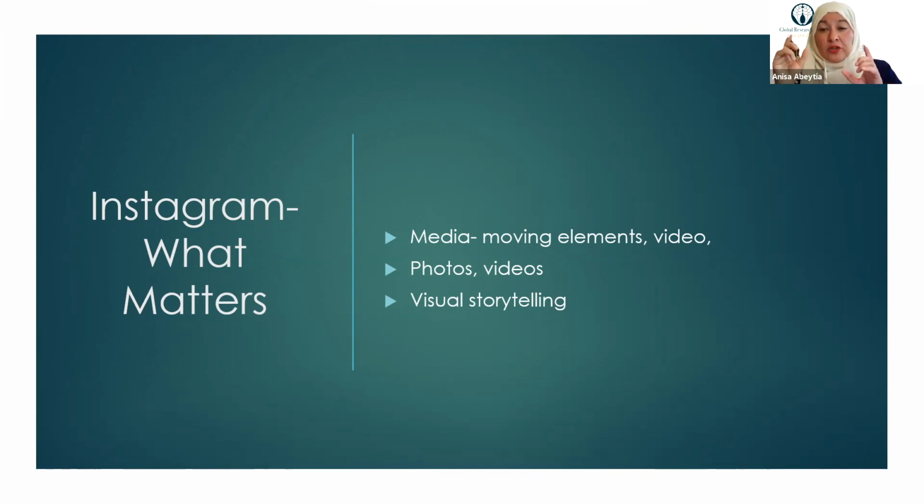Also, in your sharing, there are a lot of moving elements that you can add, like arrows, flashing letters and content that will attract attention. Like we did one for International Women's Week, where women were pulling each other up, pushing up and then pulling up, mimicking that women should help each other.